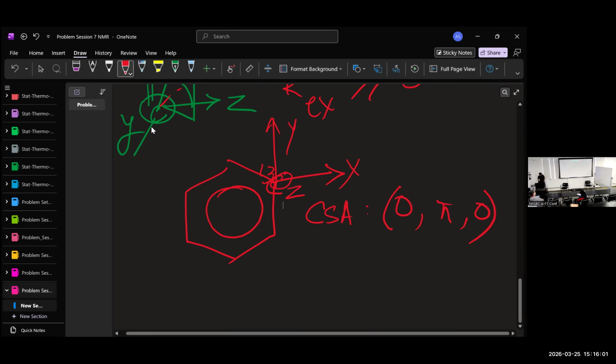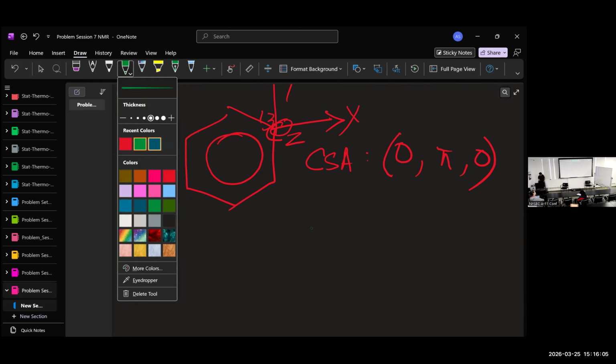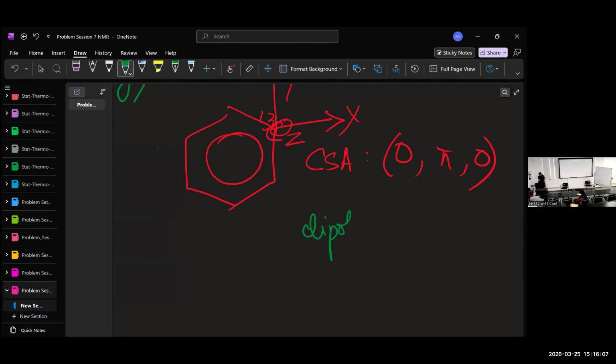Then for dipolar, where I've got this, this is the z-axis, and this is the y-axis, and the x-axis is of course mutually perpendicular. After the rotation, I am supposed to land something like this.